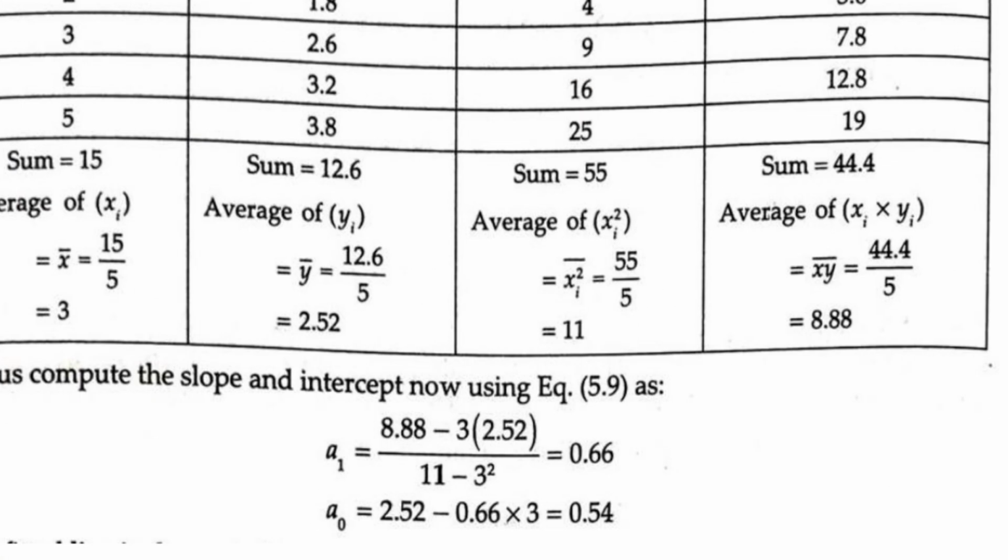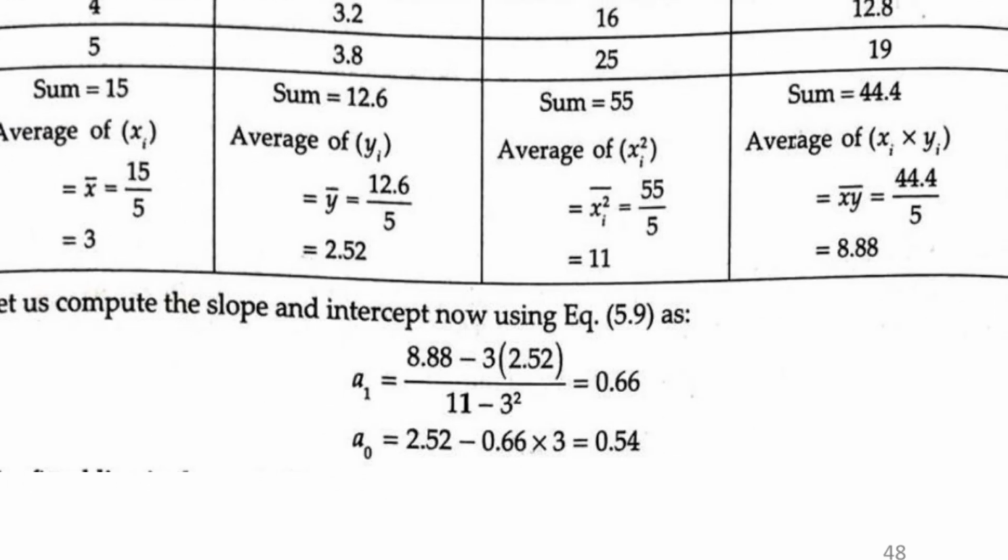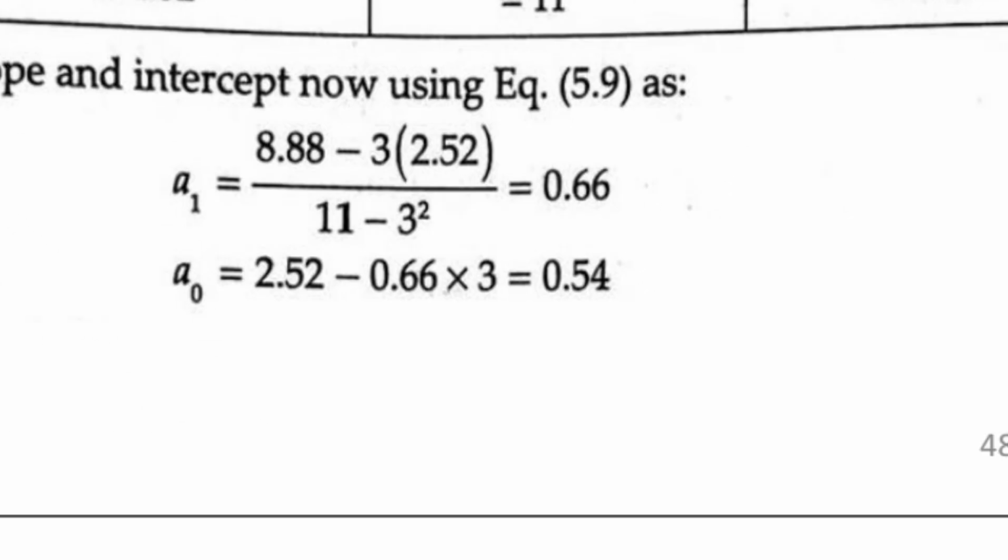Substitute them, we will get a1. a1 equal to x y bar, the mean of product of x and y, minus x bar into y bar divided by x square bar minus x bar whole square, that is 0.66.